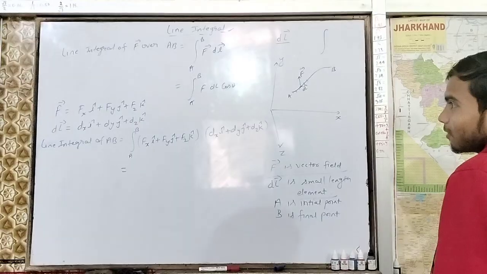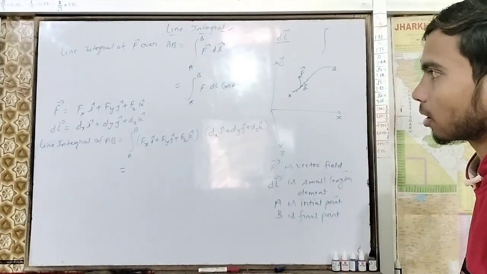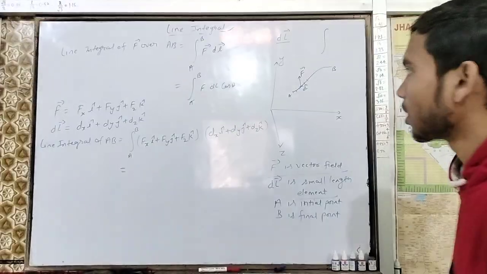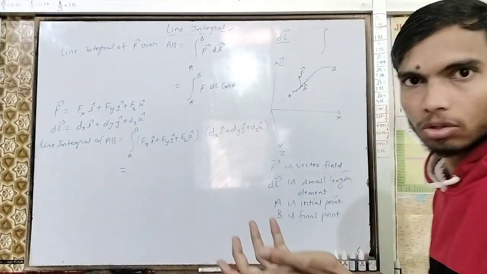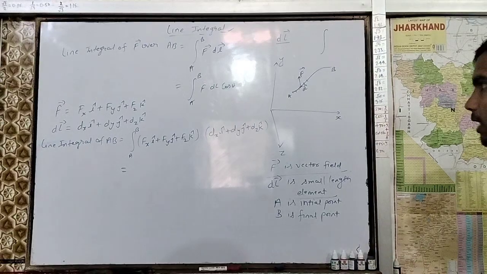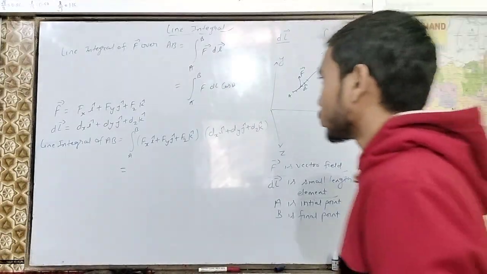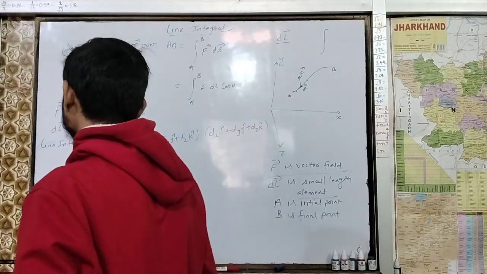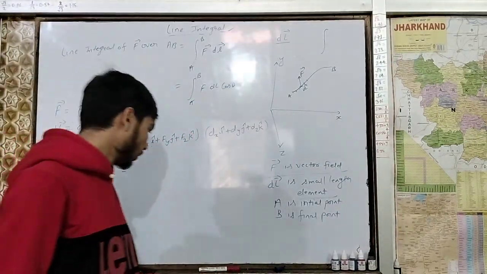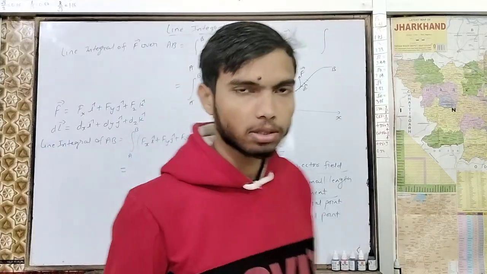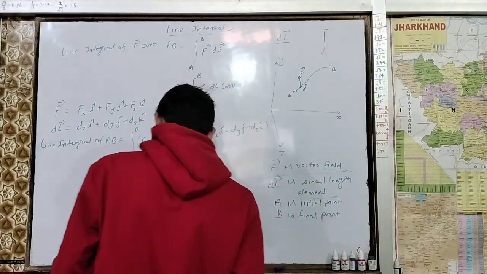So the angle in this equation is 0. How did we recognize it? Here there are two vectors which are the same, and the same vectors give zero angle. That is why i cap times i cap will be 1. The left thing is fx dot dx.